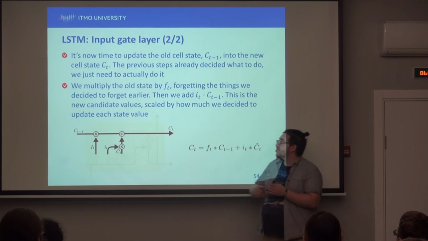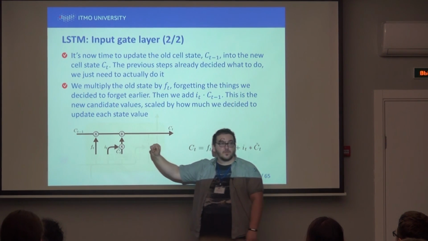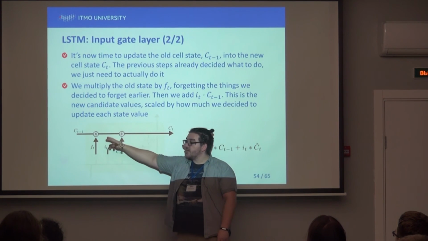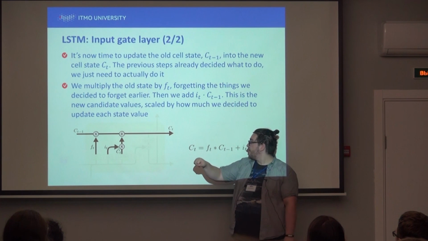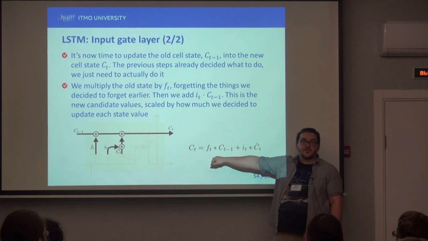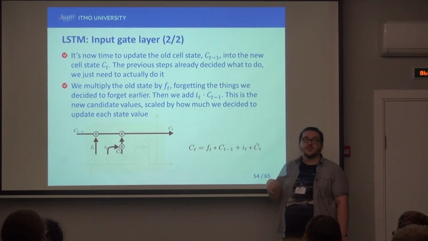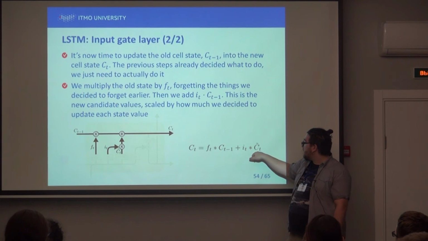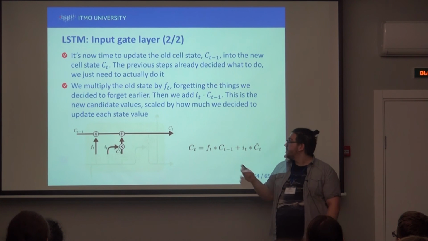So, after that, we translate our cell state to a new one by forgetting something and adding new information. We multiply this vector by another vector which may contain lots of zeros or several zeros. That means that we forget something. And then we add new information to the cell state.